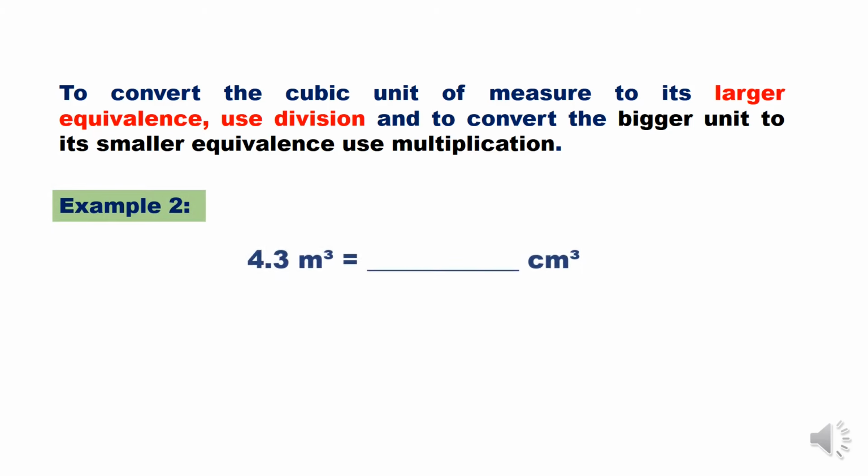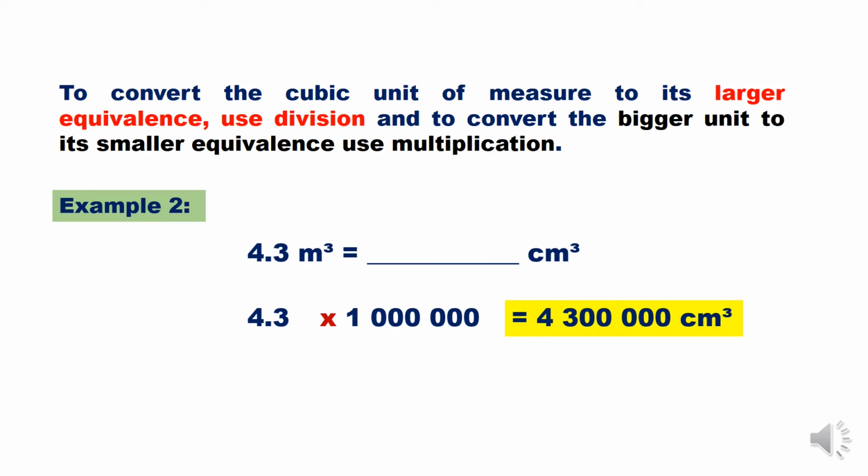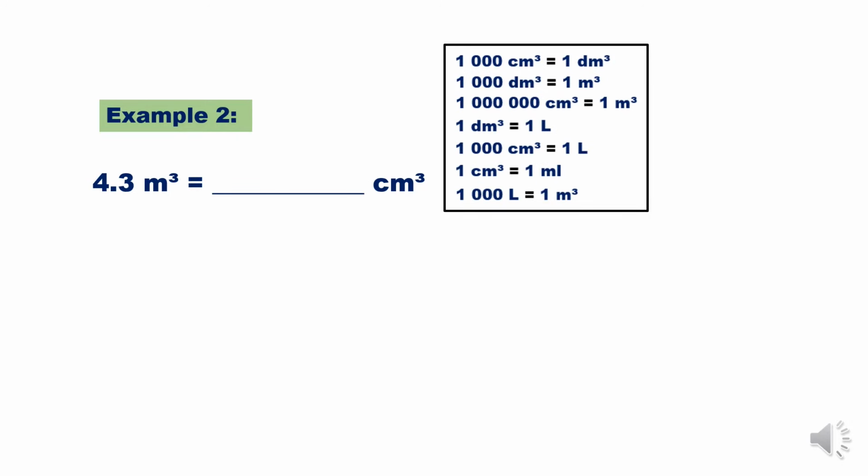Number 2. 4.3 cubic meter equals blank cubic centimeter. So, this is multiplication since bigger to smaller. So, the answer is 4,300,000 cubic centimeter. Another solution for example 2. This time again, let us use the conversion. Do you see cubic meter to cubic centimeter or vice versa?